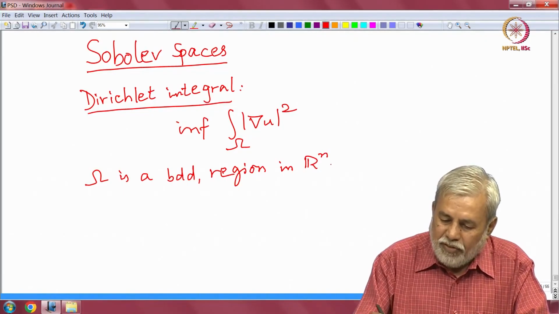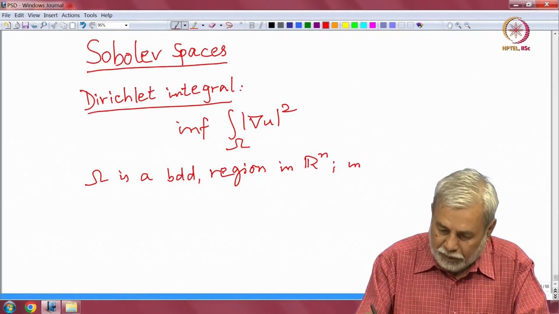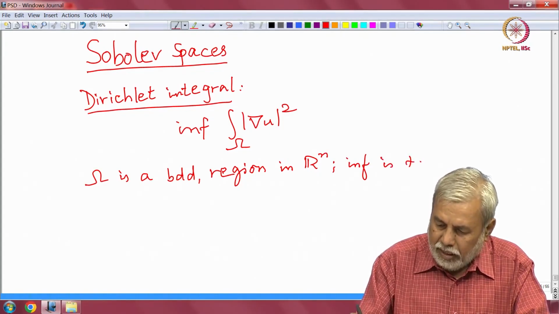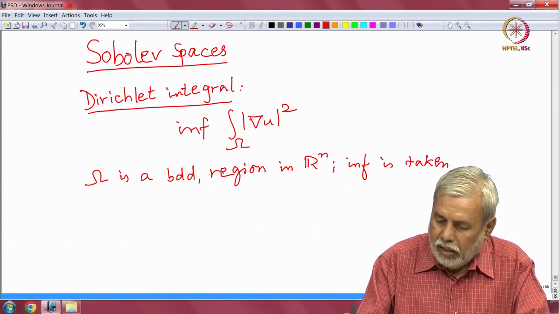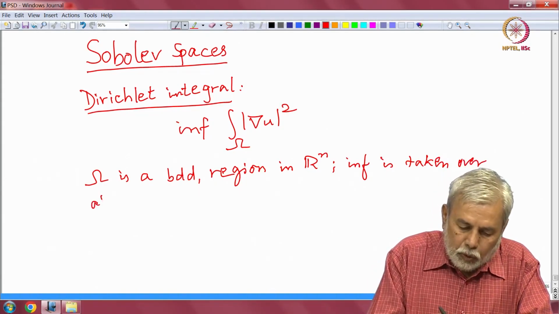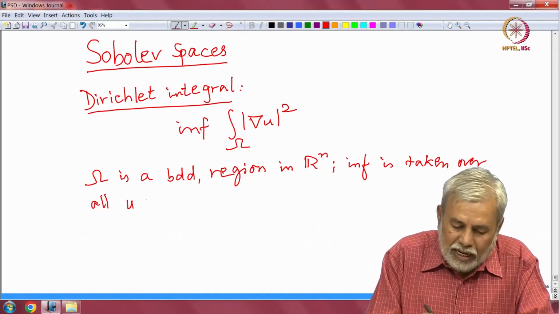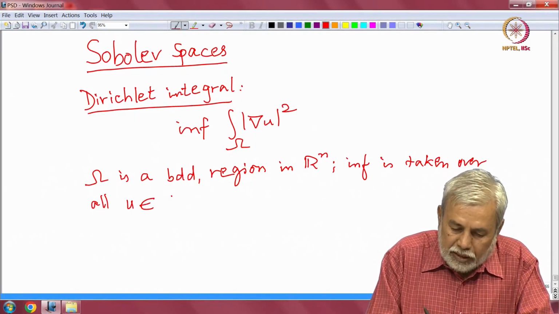And for the infimum, we have to mention where it is taken. The infimum is taken over all u. First of all, we want this integral to be finite, so let's put u in C^1 of Omega bar.